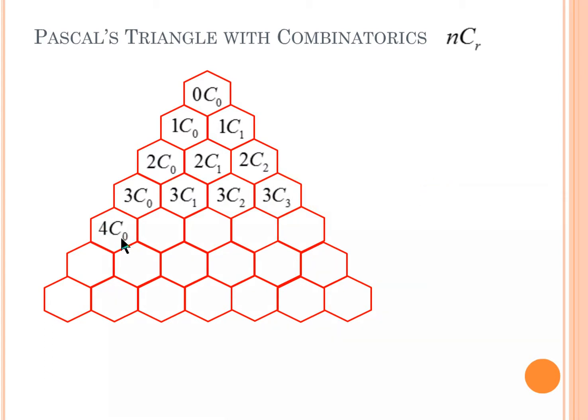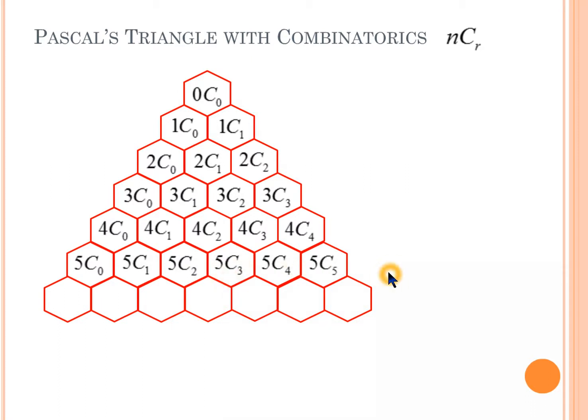Then this will be 4 choose 0, 4 choose 1, 4 choose 2, 4 choose 3, 4 choose 4. Then 5 choose 0 through 5 choose 5. The last row will be 6 choose 0, 6 choose 1, 6 choose 2, 6 choose 3, 6 choose 4, 6 choose 5, and 6 choose 6. So this is how Pascal's triangle is directly related to combinations.